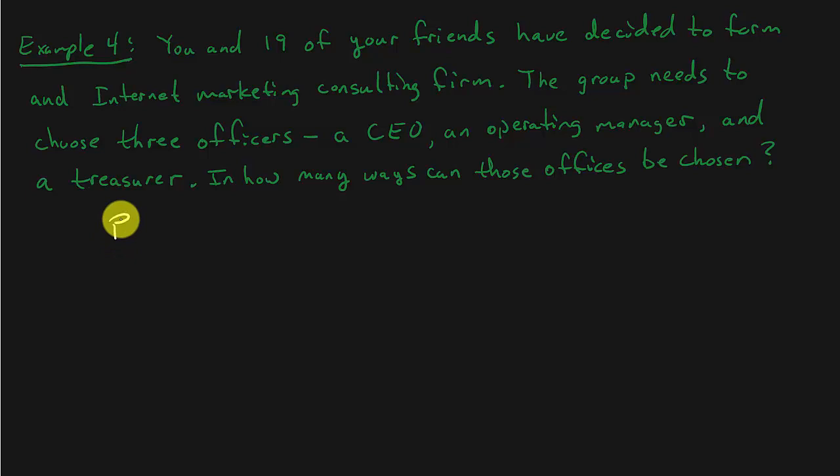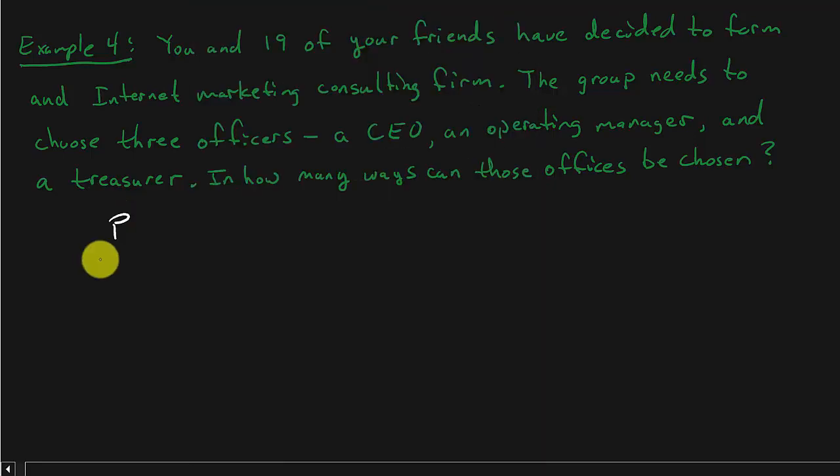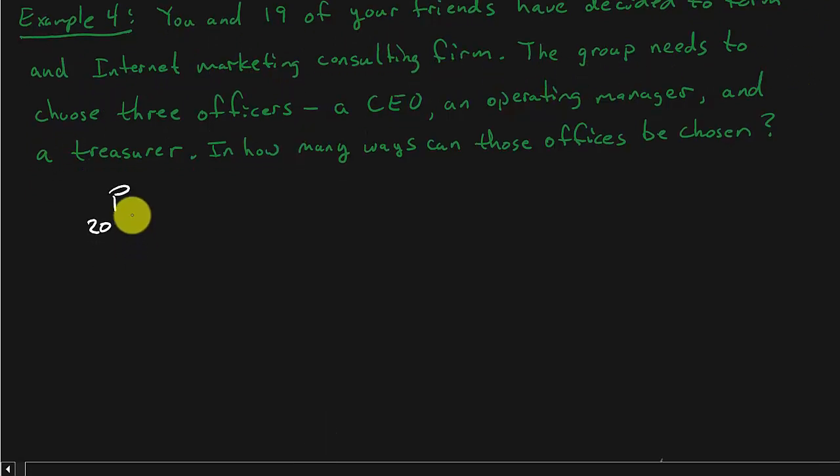Not how many are we choosing, but how many are we choosing from? Well, that's 20, so n is 20, because it's 19 of your friends and you. The group needs to choose 3 officers, so we're choosing 3 people.